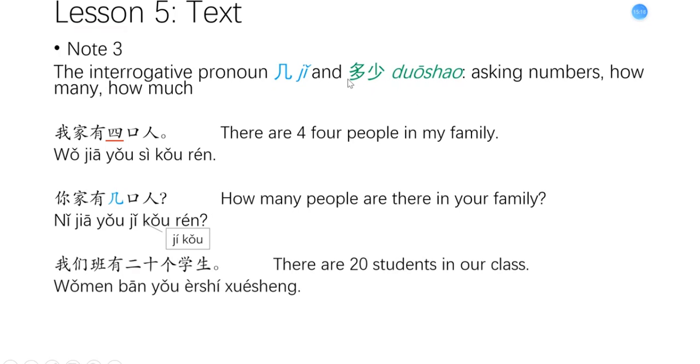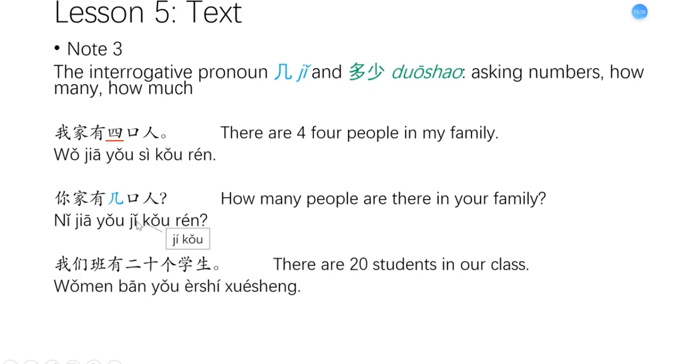We can also use this 多少. By the way, as you can see, there is a change of tones for the third tone. 几 is a third tone syllable, and 口 is another third tone syllable.